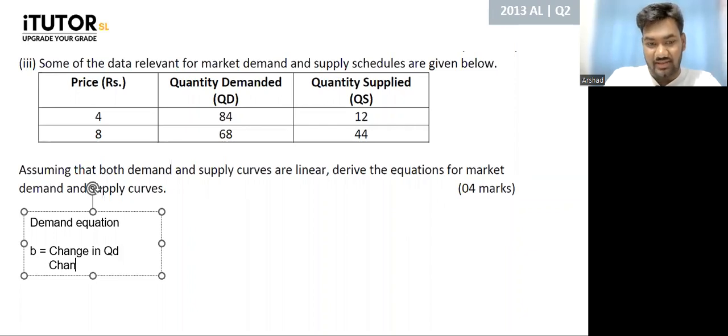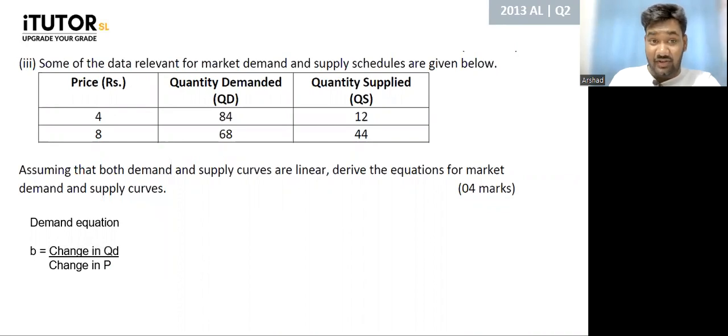So can you look at the two pieces of information they have given you and tell me what it is in this case? Let's say when you're going from price 4 to price 8, what is the change in price? It is 4, right? What is the change in QD? 84 going to 68.